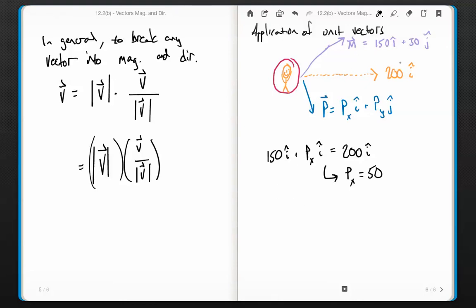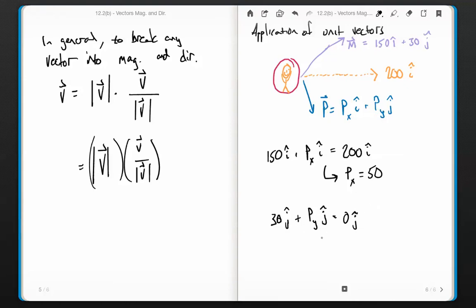And likewise in the y direction, well, wait a minute, I don't have any y direction here. But Mama does. So I've got to say that 30j, that's supposed to be a 0, not a 6, 30j plus Pyj has to equal, well, there is no j component here, so that's got to equal 0j.